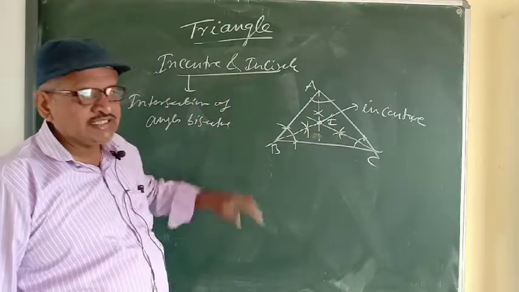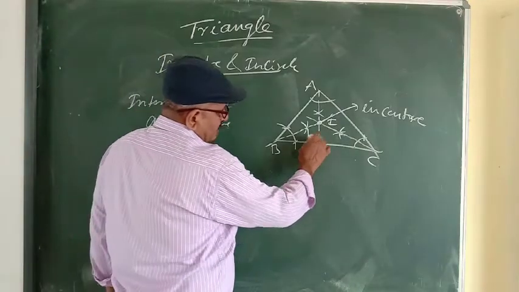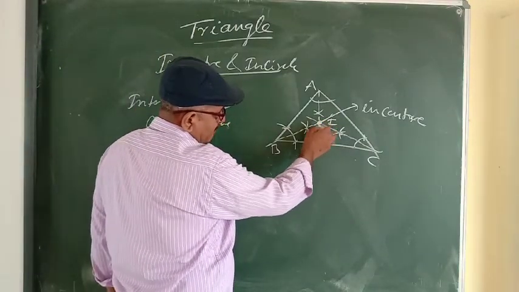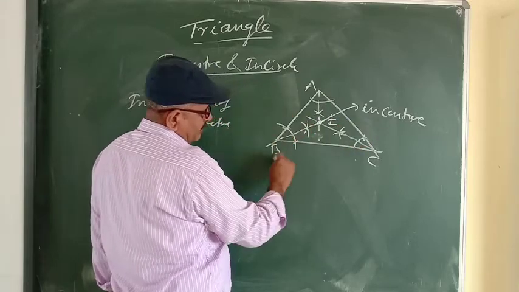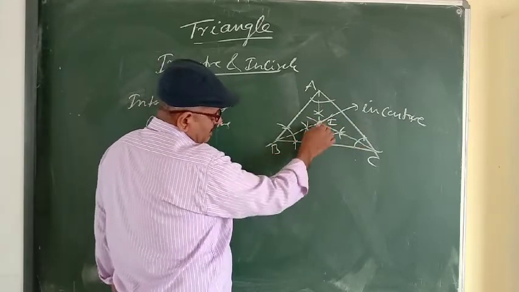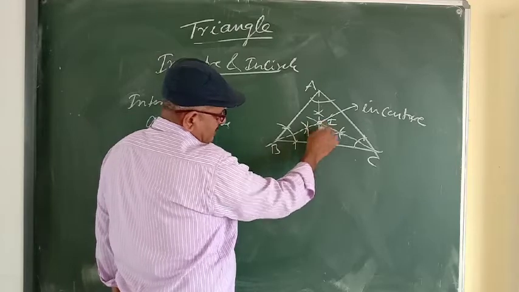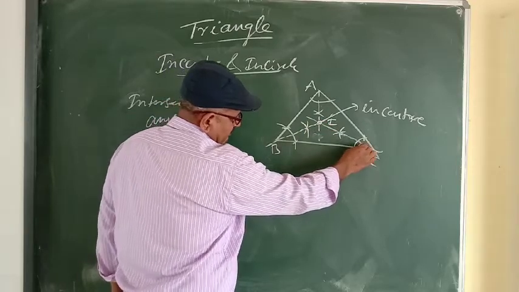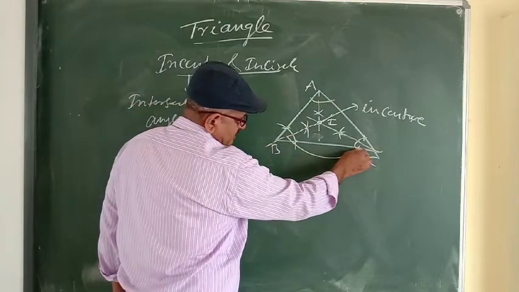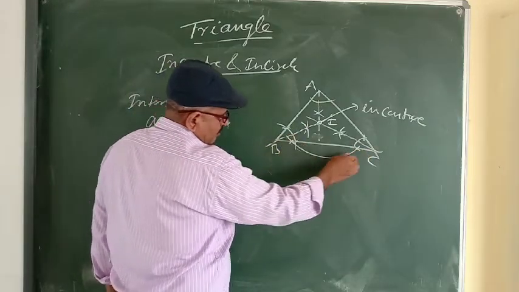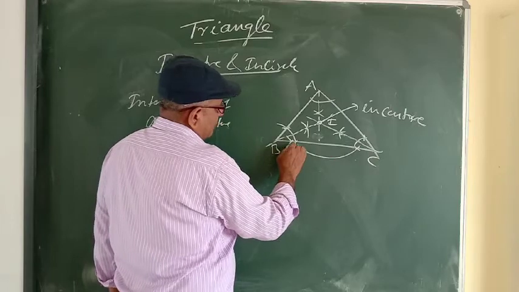Now we have to draw the incircle. So from the point I, we will draw a perpendicular on either side BC or AC or AB. How can we draw it?